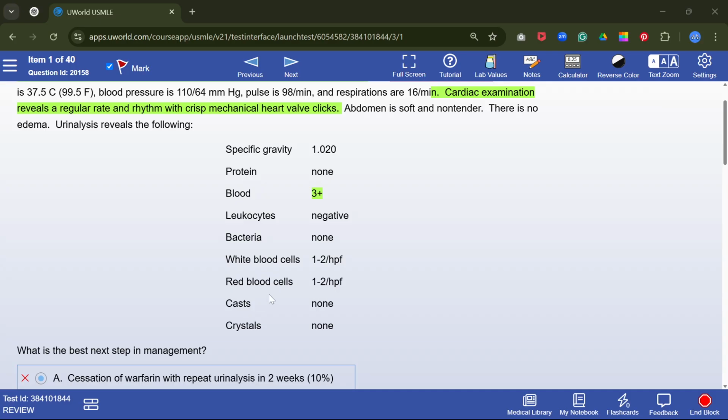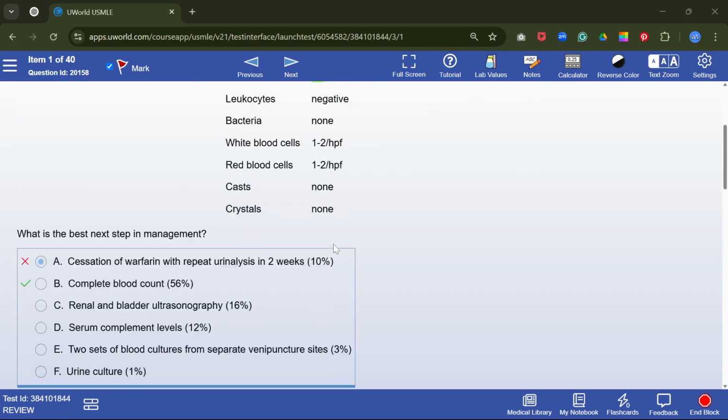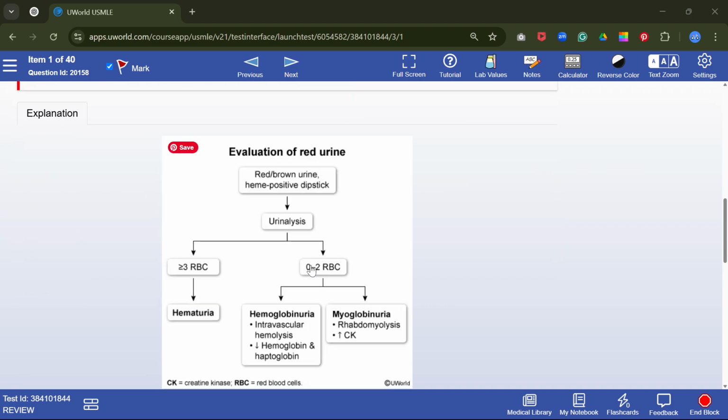As urine analysis shows 3 plus blood, do a CBC.